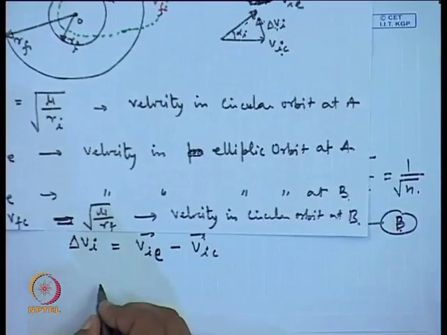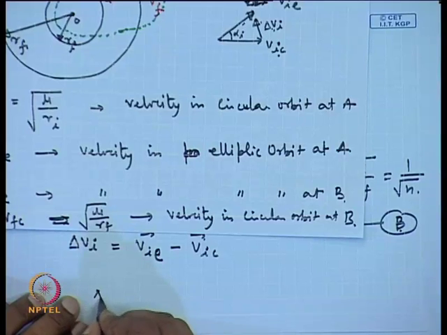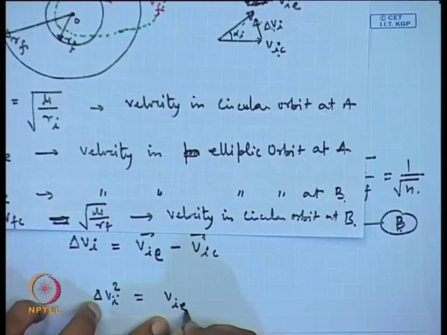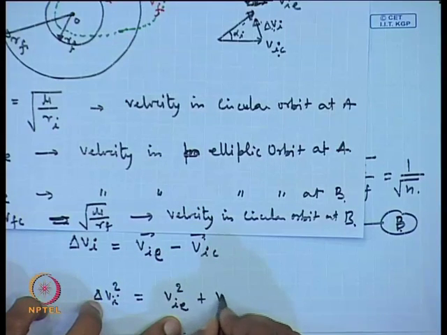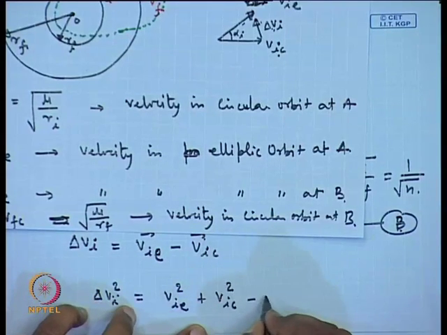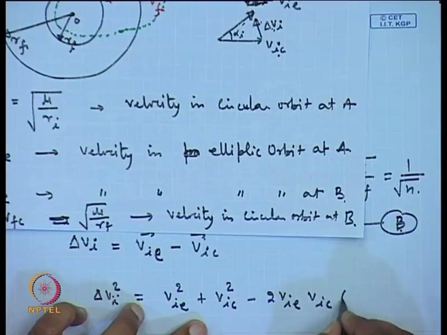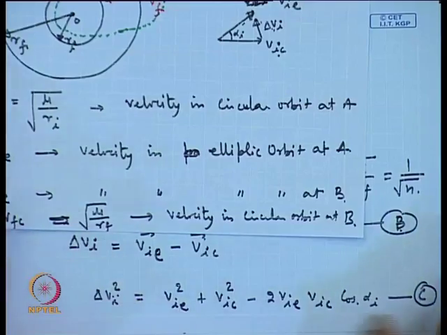So, we can write here delta V I square is equal to V I E square plus V I C square minus 2 V I E times V I C times cos alpha I. This is equation number C.